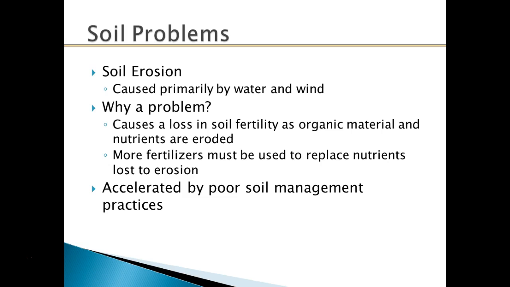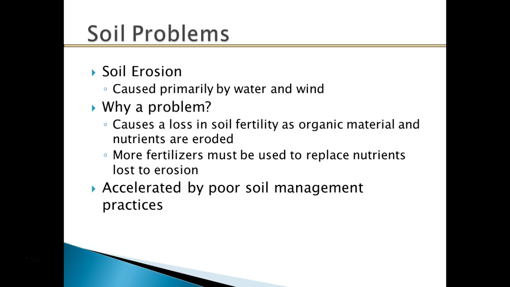Soil erosion is the same problem. We're going to look at what causes soil erosion, because soil erosion can come from different mechanisms. It can come from the wind, it can come from water, it can come from over farming, but basically what we're talking about is leaching out nutrients.